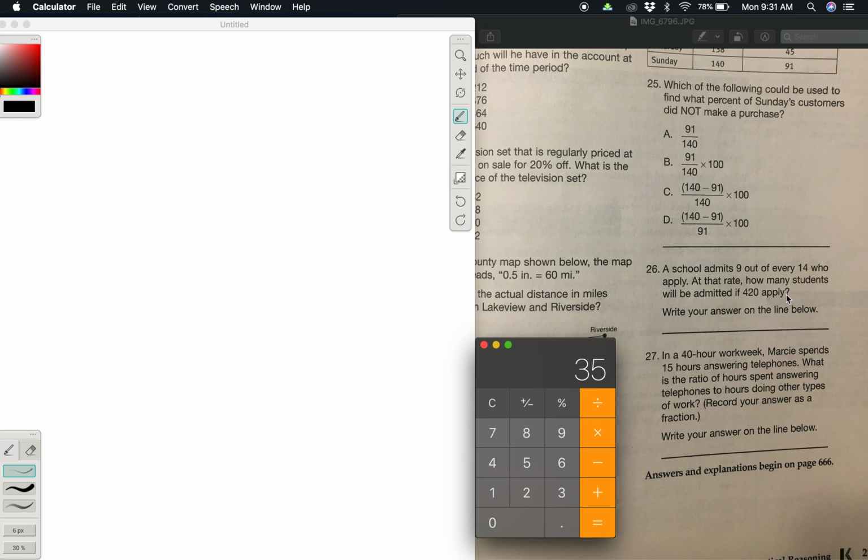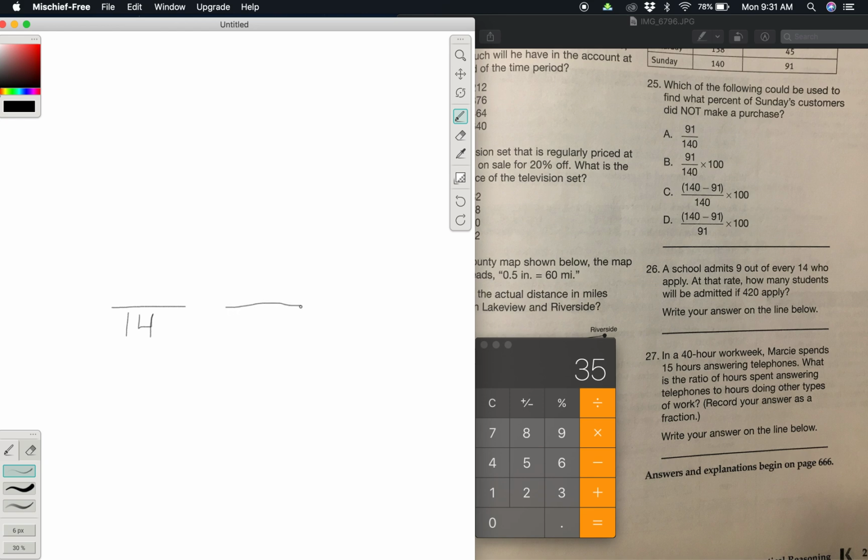So we have to line these up. Okay, so the total here, 9 out of every 14 that apply. So we have 14. Basically, we have to do a proportion. So we know that 14 is the total amount. Okay, 9 is not, because that's 9 out of 14.